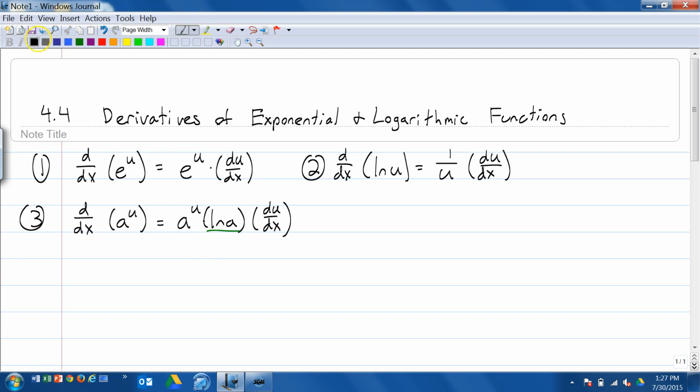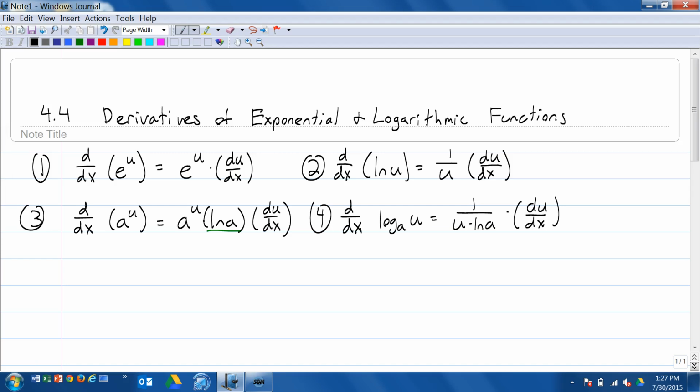And then finally, if you have the derivative of a log base a instead of log base e, we need a natural log of a on the bottom with the u. So it's 1 over u times the natural log of a. And then that's going to be multiplied by the derivative of u with respect to x, if it's not x already. So those are the 4 derivatives of exponential and logarithmic functions.